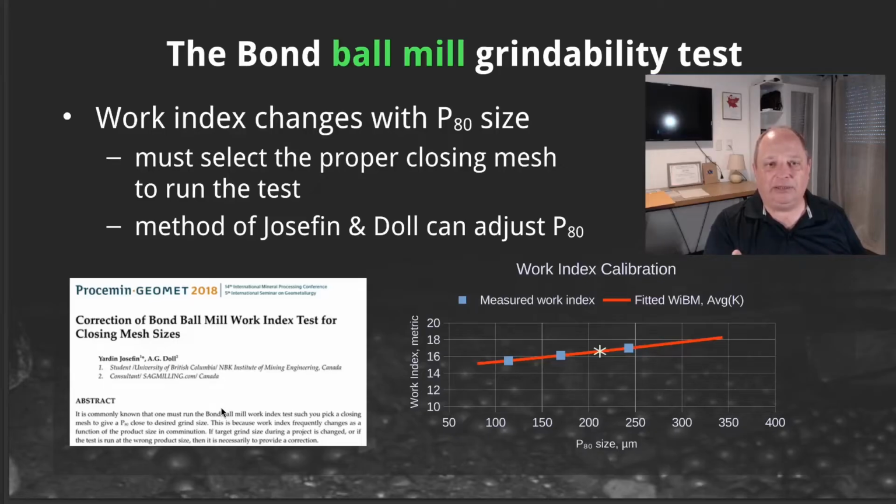So here's an example of a paper published by Josephine and myself, where multiple work index numbers have been computed in the ball mill apparatus at different closing sizes, and you can see that the work index changes. And the method of Josephine and Dahl can be used to adjust the P80 for a test if you want to do modeling at a P80 different to what you ran the test at.